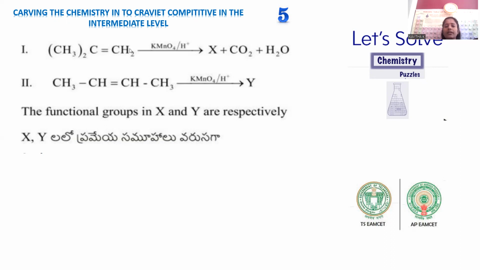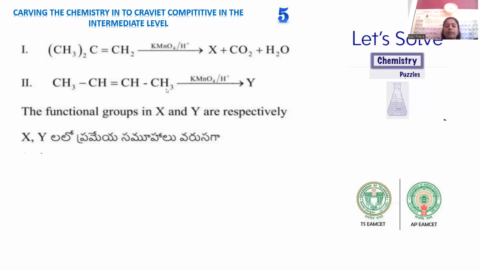On this one end we have only one carbon, so that carbon, KMnO4 used to oxidize into its higher oxidation level, that is carbon dioxide. And on the other end we have carbon with 2 alkyl groups. If only one alkyl is there, this carbon also converts into carboxylic acid. But we have 2 alkyl groups over here, that's why this carbon is converted into ketone. X will be ketone here.